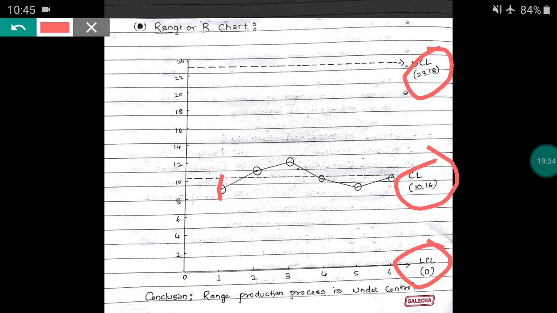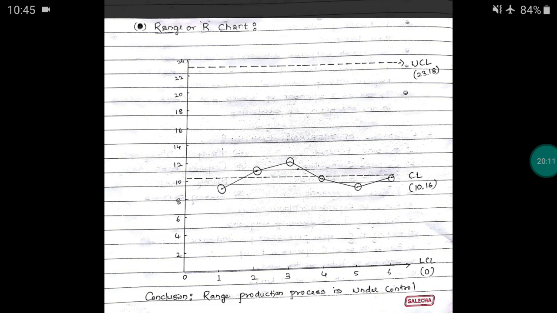Second sample range is 11. Third one 12. Next 10. Next 9. Next 10. You should connect all the points. Okay, after that you should write down your conclusion. See, no point crosses the upper limit UCL, no point crosses the LCL. Now the process is under control. Okay, this is a very simple problem.